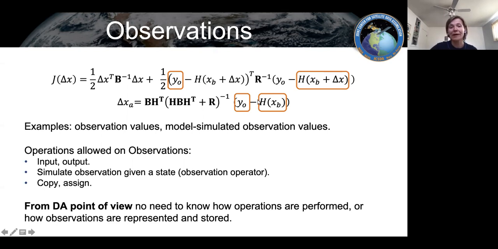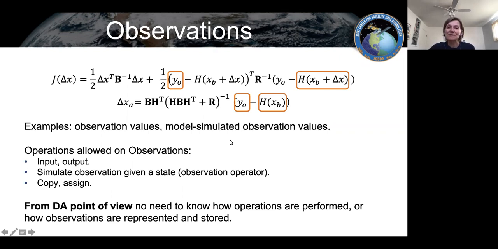So if we apply the observation operator to the background, the result of that is observations. The input argument is the state, and on the output we get the observations. What we can do with obs is input and output, and we can assign it the value of H of x, or H of xb plus delta x, where the input again is a state.